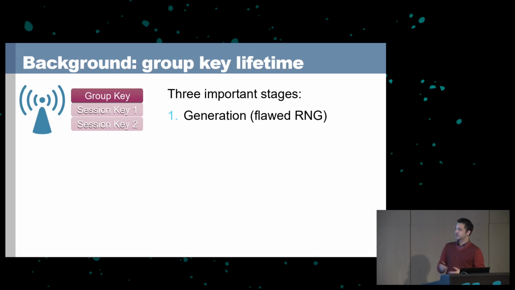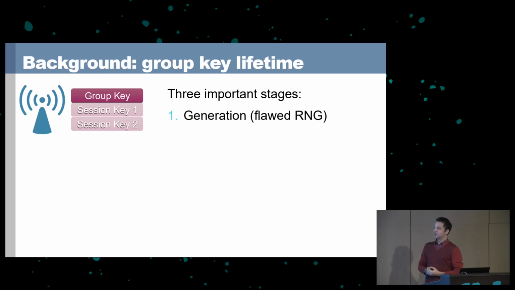And here we notice that the random number generator, so the RNG that is used to generate this group key, is flawed. So the standard suggests a bad random number generator as a reference implementation, and we will see in practice that certain vendors also implement a random number generator that is predictable, and this will allow us to predict the group key. So that's essentially the first stage of the lifetime of the group key, when it is generated.